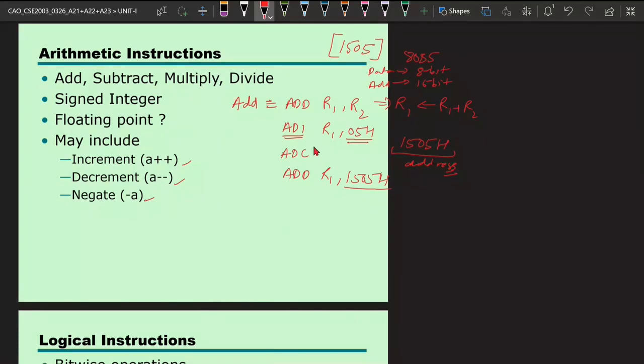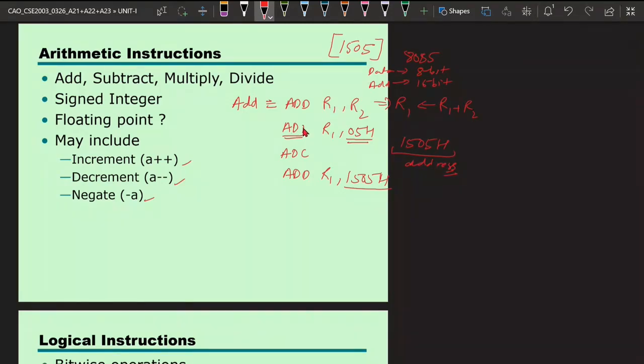Whatever instructions we are writing, as I told you, if a particular architecture is given and we are going to study that architecture, then you will be able to identify what it is. Here I have just given an example. If a normal add is there, we write R1 and R2 between two registers.